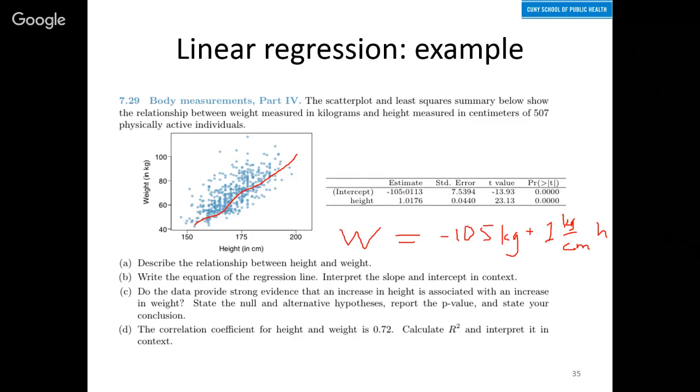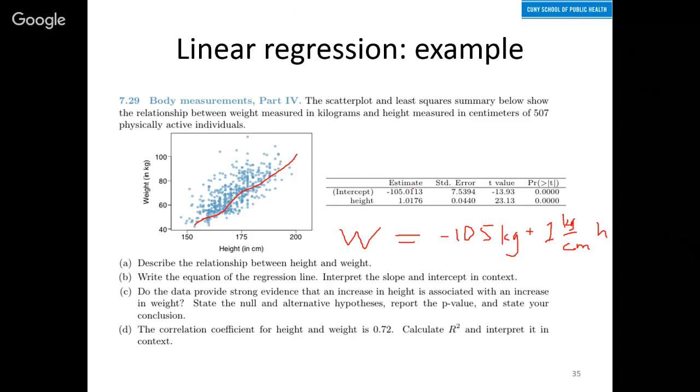No, the y-intercept is at minus 105 kilograms. That's where the line would hit the y-axis, at a height of 0 centimeters. There's going to be some non-linearity as you get down to children and infants.